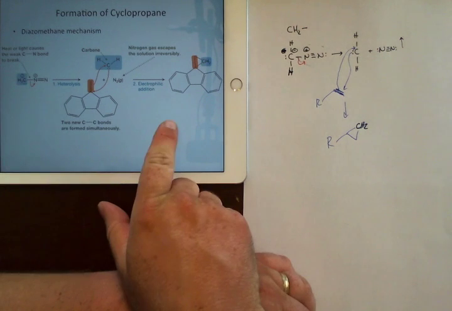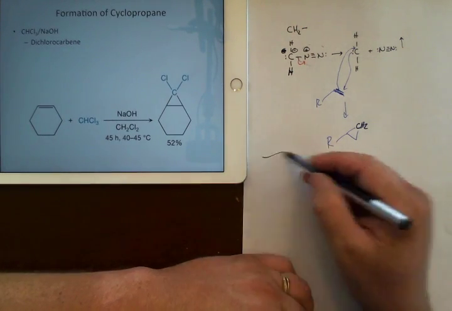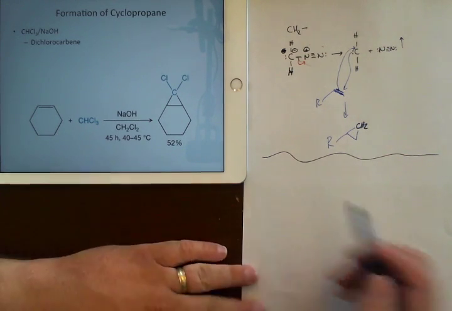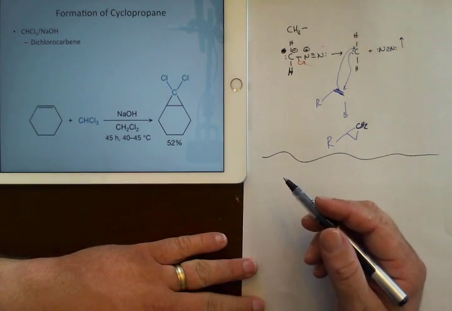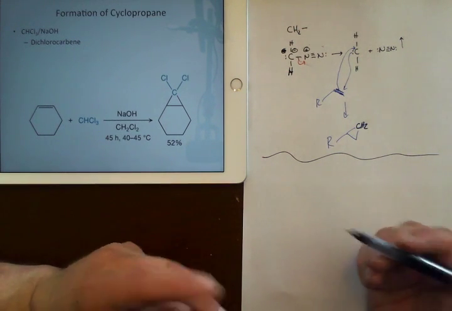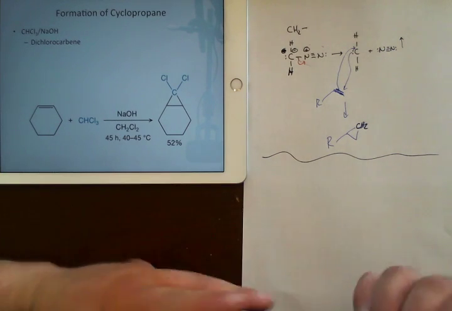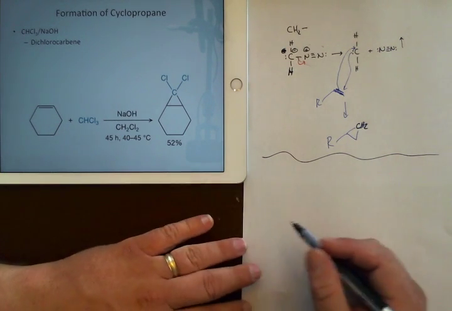Now, there's other ways of doing it. One of the more inexpensive ways is actually chloroform plus base. You have to be careful. Chloroform is generally a good solvent, although it's toxic and has other environmental issues. But the problem is you can't run these in base because you can form the carbenes.